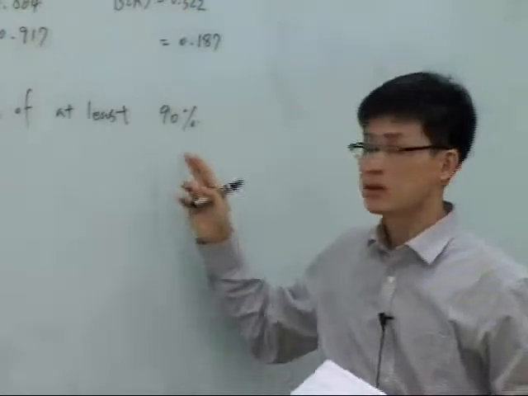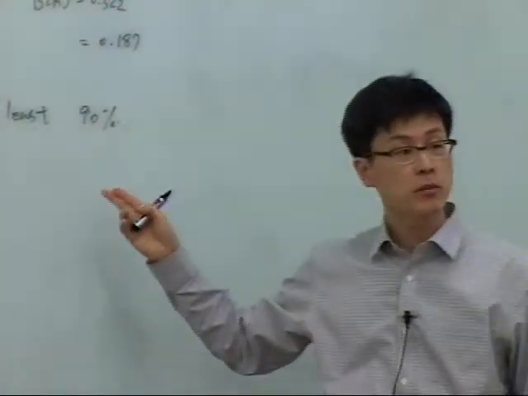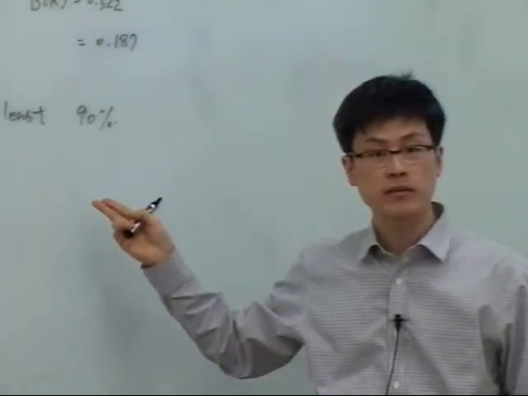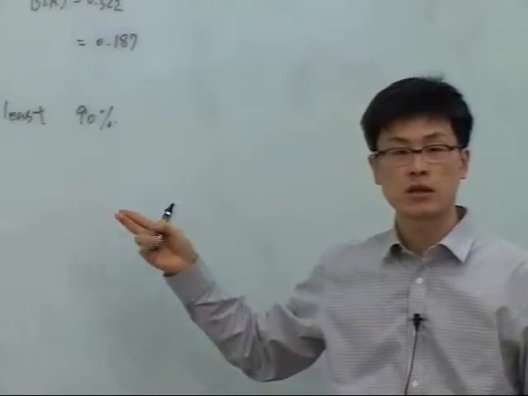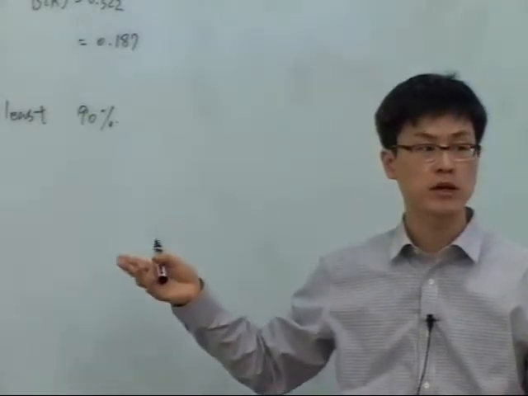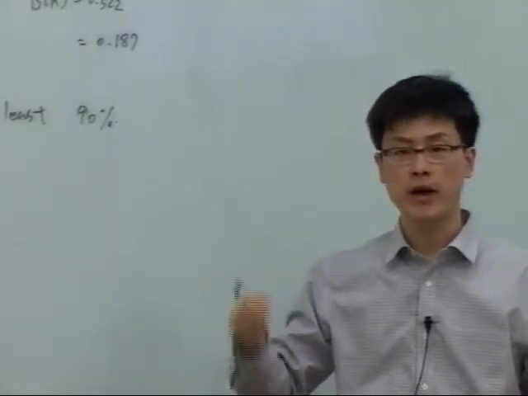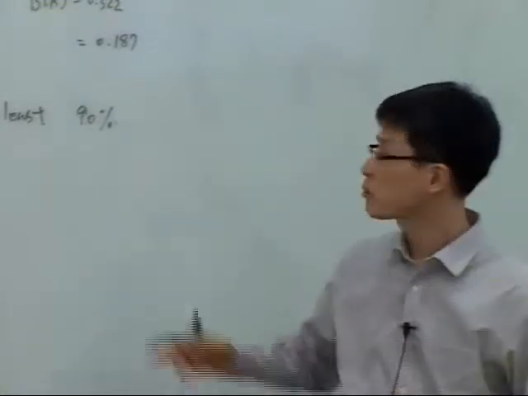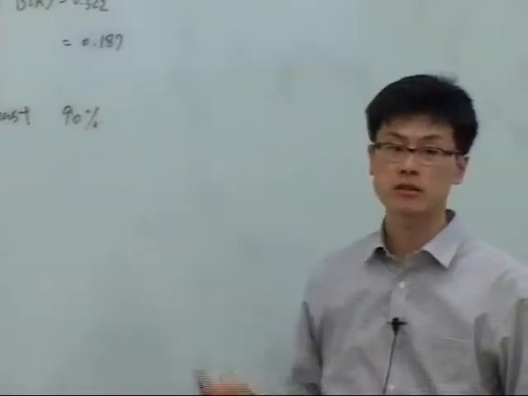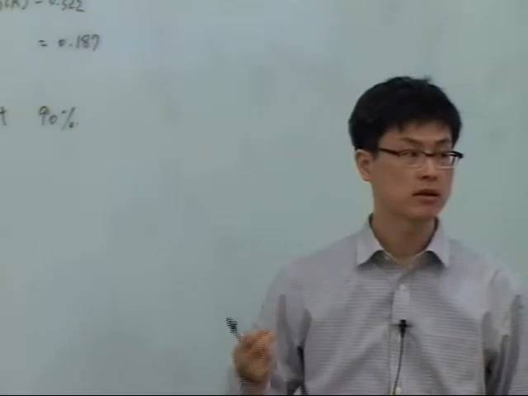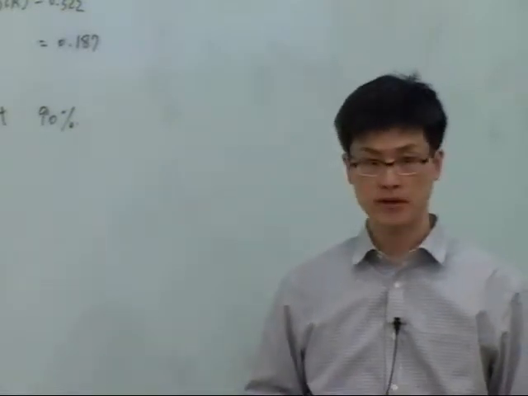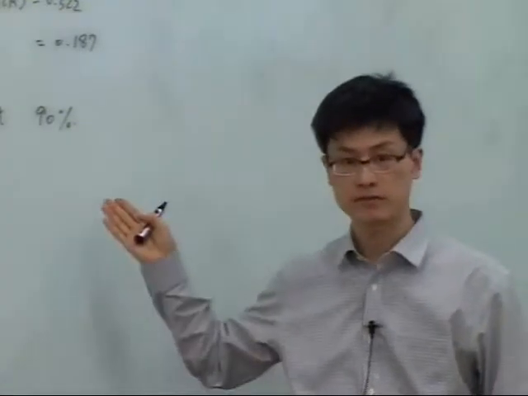So 10% backorder, which means 10% of the demand cannot be met instantly. So we can regard this 90% as a unit of customer satisfaction or something, right?